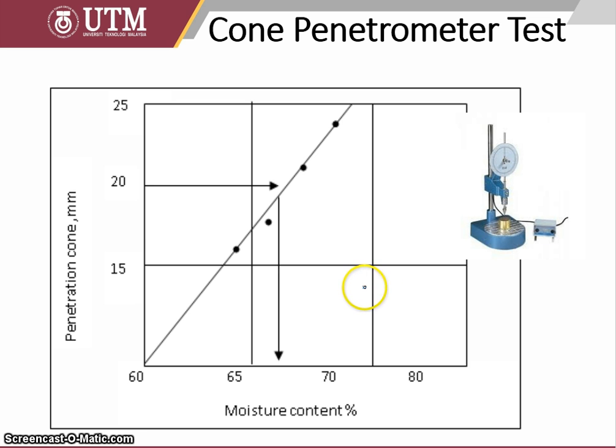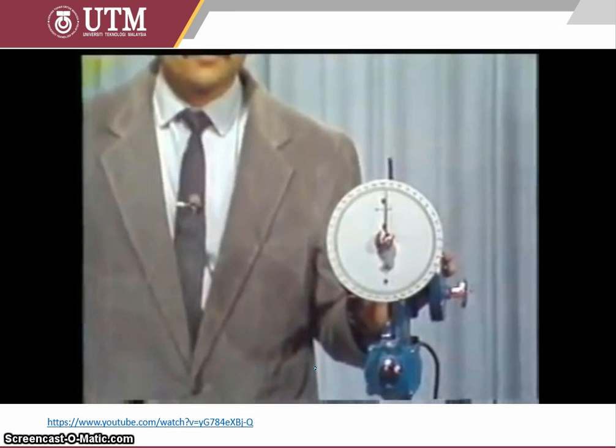We measure the weight of the wet soil before and after drying, so we can get the moisture content of the penetration test. For more, you can also see the video later.